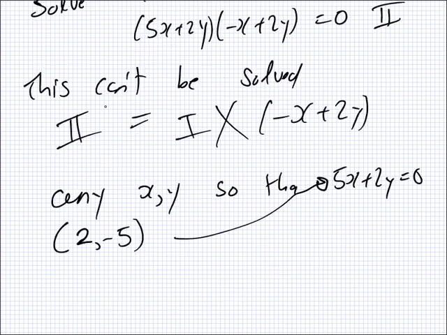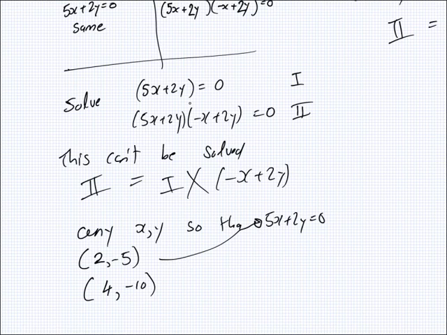Another possibility could have been 4 and minus 10. That would also work. So you actually have infinitely many solutions, not just a single one. This is really the key to the answer. This can't be solved because equation 2 is a multiple of equation 1.